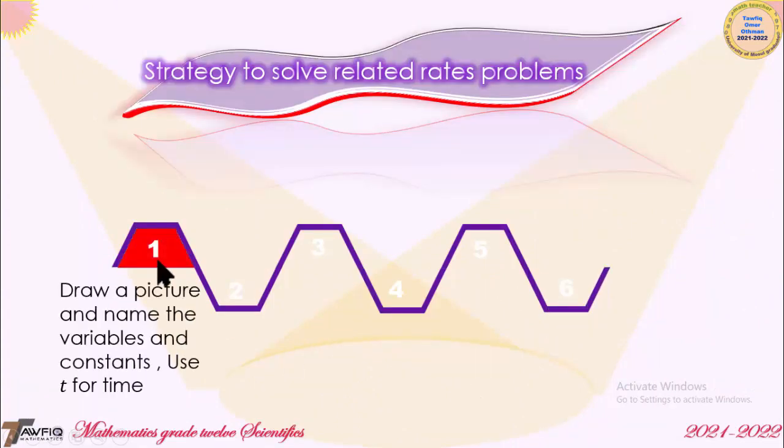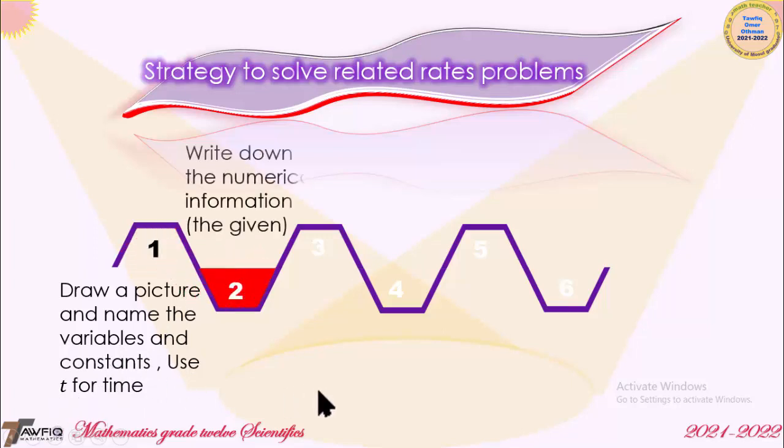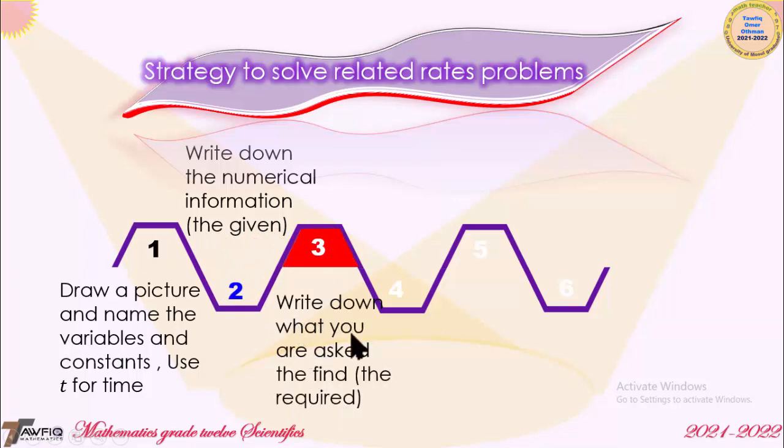First of all, draw a picture and name the variables and constants. Use t for time. Second, write down the numerical information given. Write down what you are asked to find.